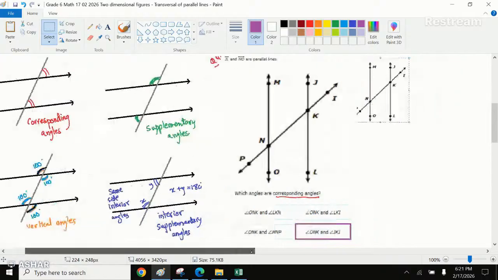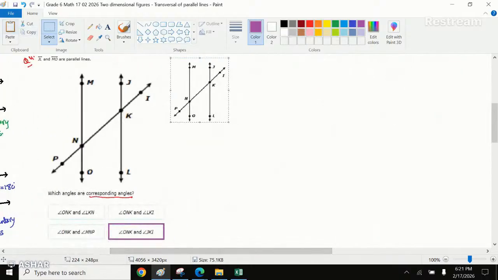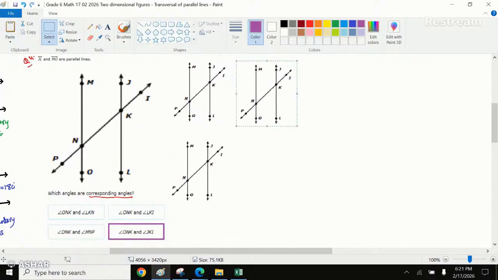Okay. Let's say for this case, sorry, let's just make 4 copies. Okay. The first angle ONK and JKI. Where is ONK? This is ONK and JKI.